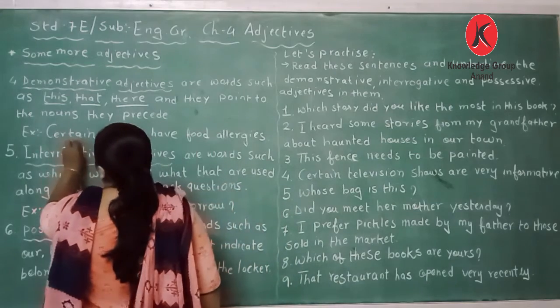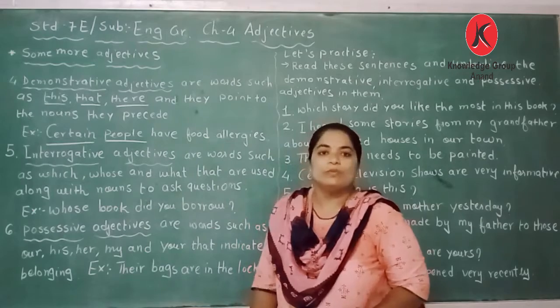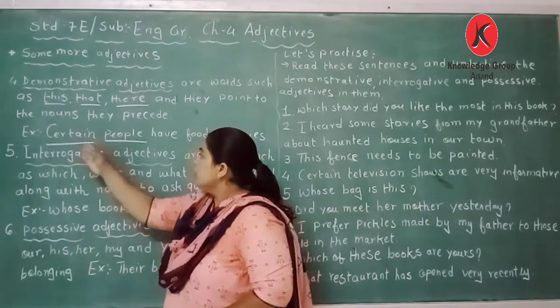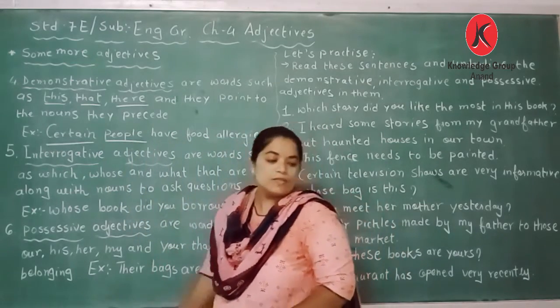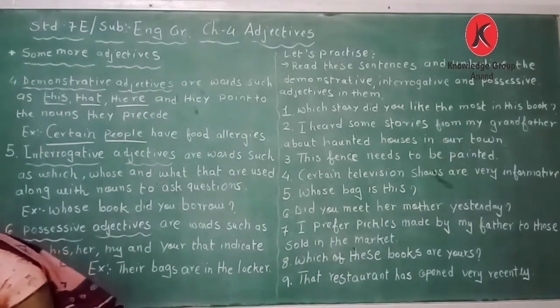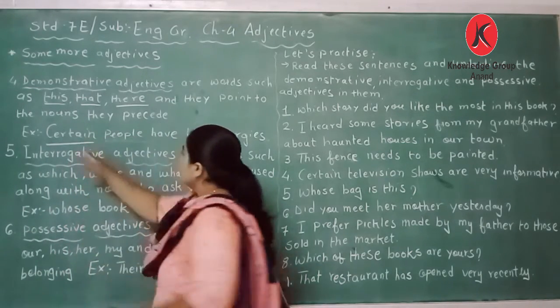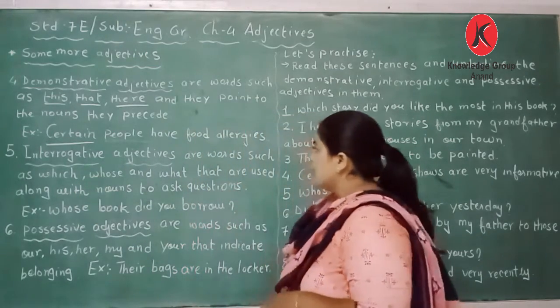The word certain is an adjective, so it precedes what? A noun, people. So, certain people have food allergies. Certain people, they have food allergies.